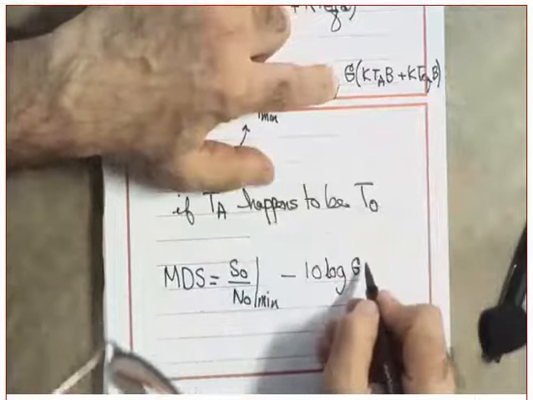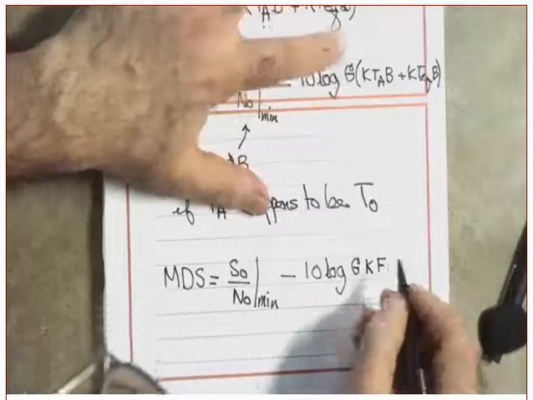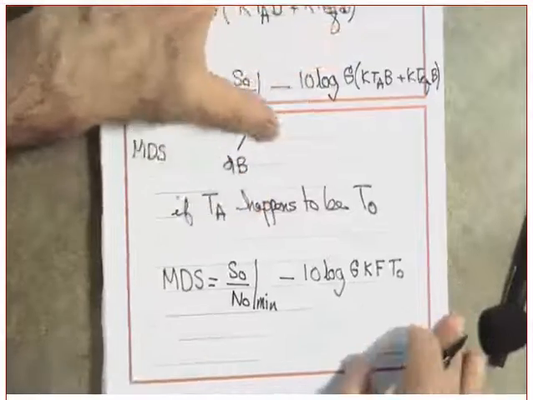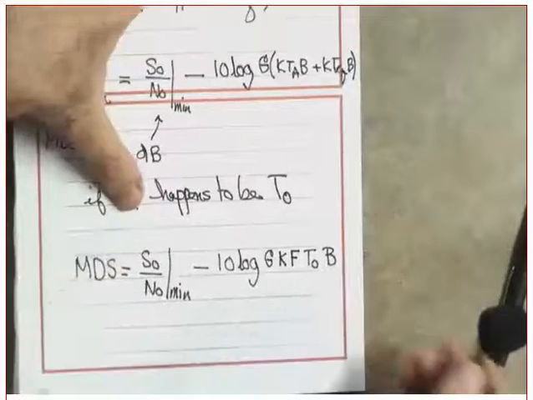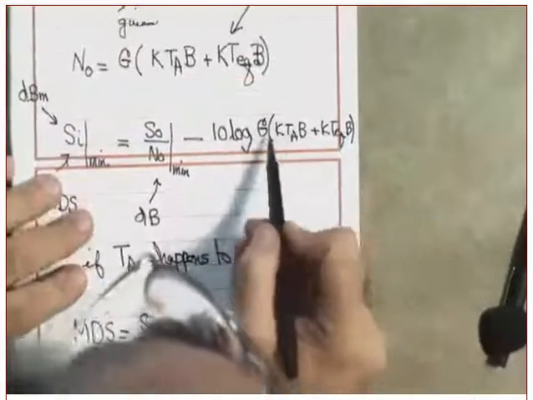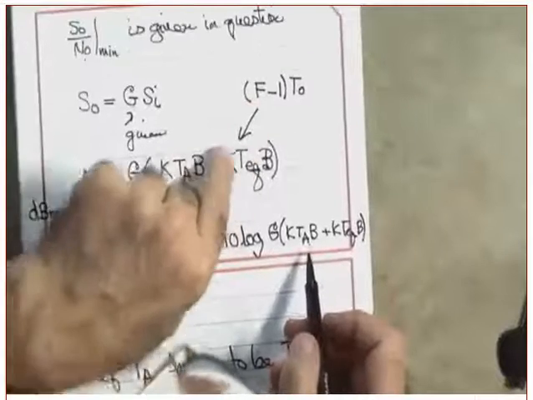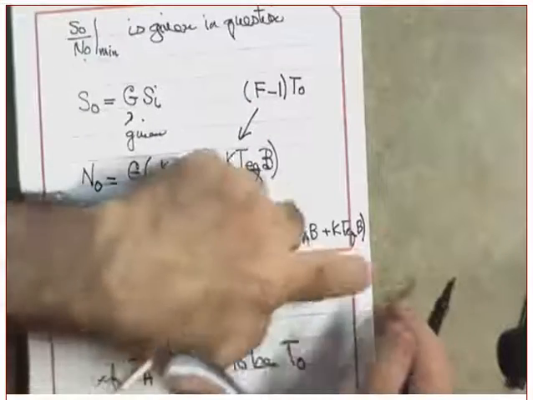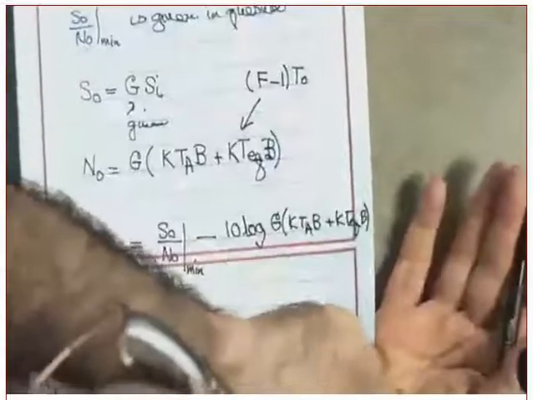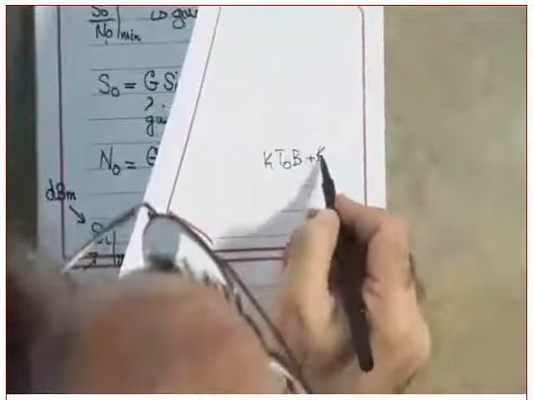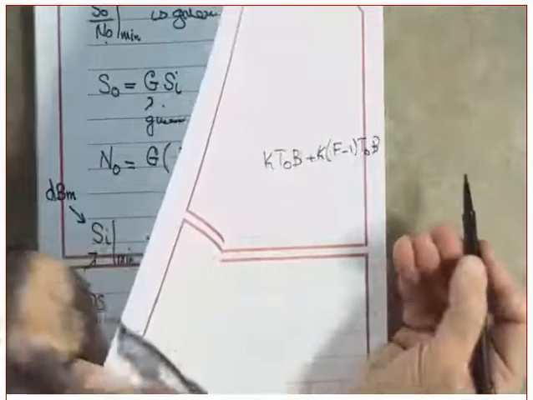S0 over N0 min, help me, minus 10 log what? G K F T0 B. Did I mess up? One second. TA is what? What is the TA? Sorry, TA is T0. So what do I have? K T0 B plus K F minus 1 T0 B. You agree?